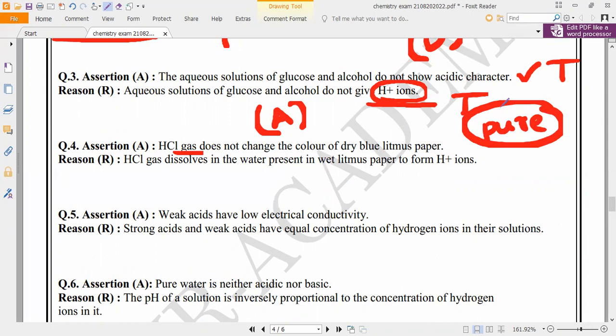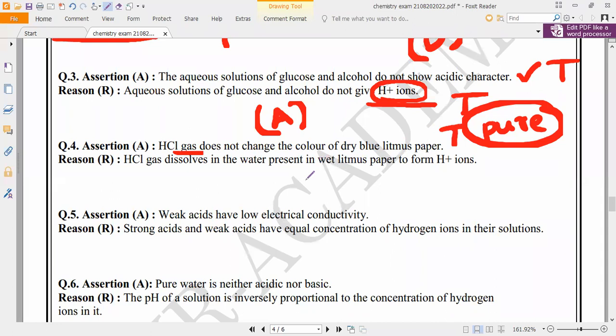Now, based on that, tell me: is the statement true or not? Yes, true. Why?